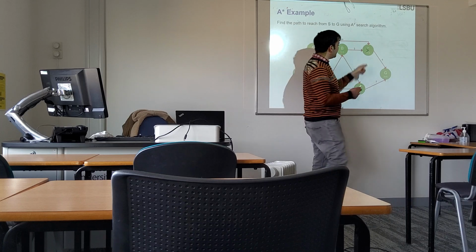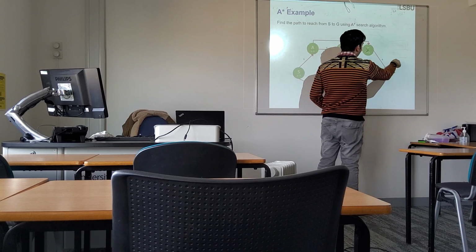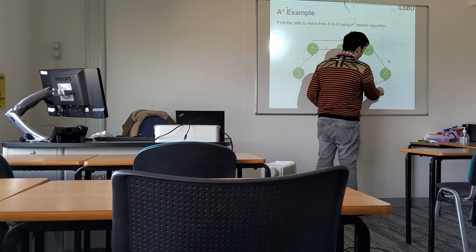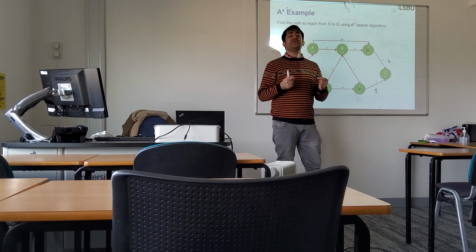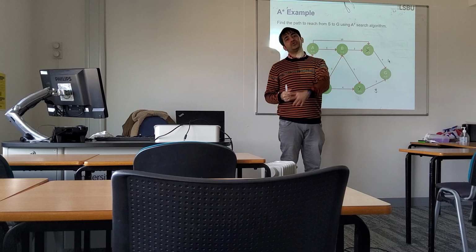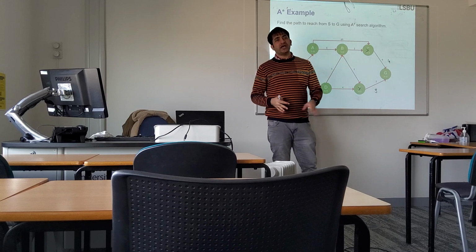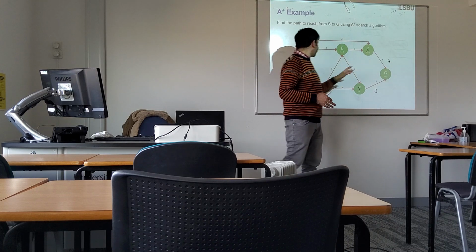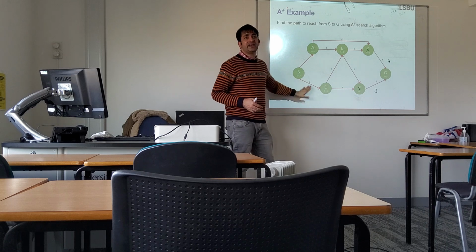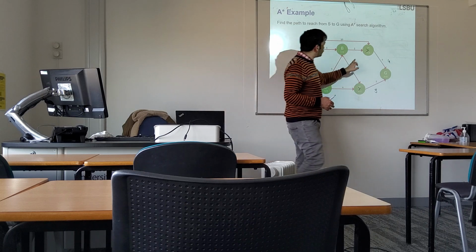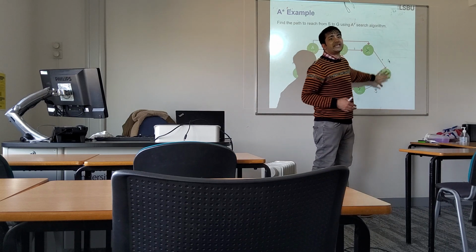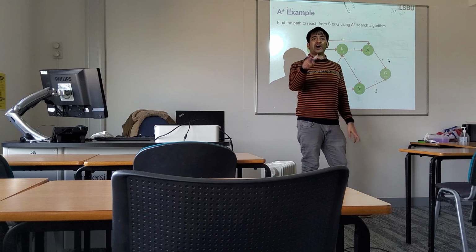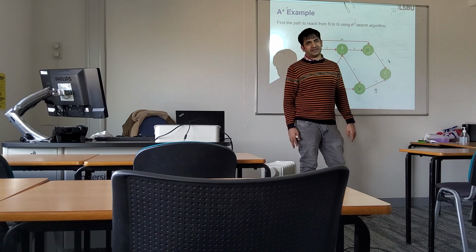It means that here I check that going to here would cost me 4, and here going to here would cost me 4. But it will cost me only when I go to that goal via that path. At the moment I am just checking. Here you can see that I checked here and then I chose this one. So again here I am just checking which one is good, but it will cost me only when I expand it.